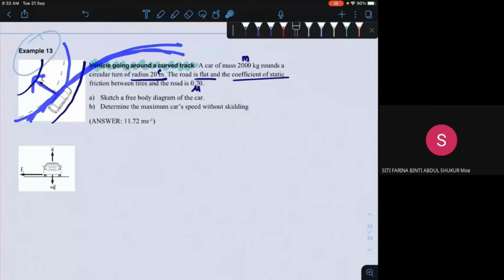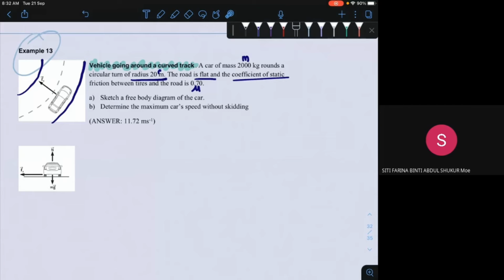So basically the friction here is the force that contribute to the circular motion. So when it comes to case kereta, memang akan ada friction towards the center of the circle. Dalam case ni dia dah tunjuk direction lah, so senang lah. Selalunya dia takkan tunjuk direction, awak kena deduce.